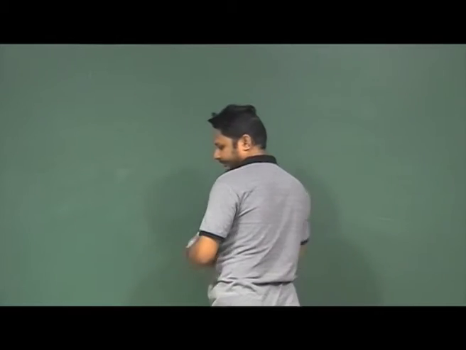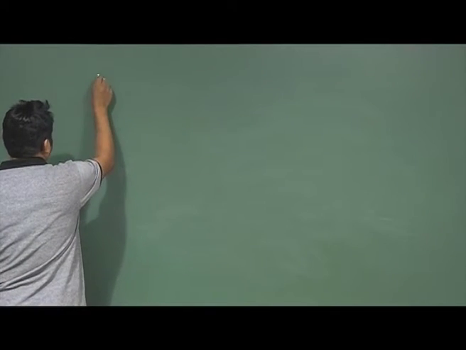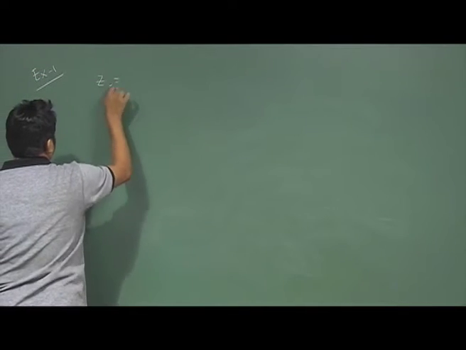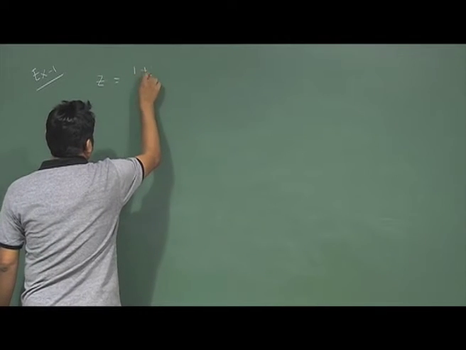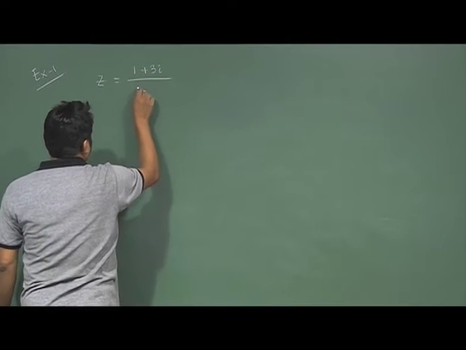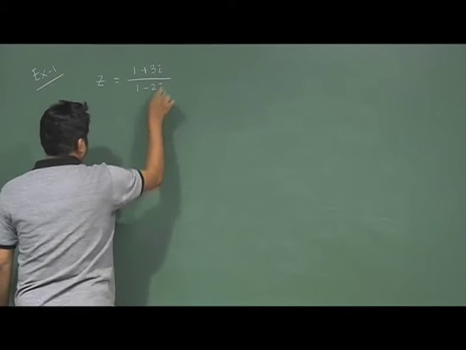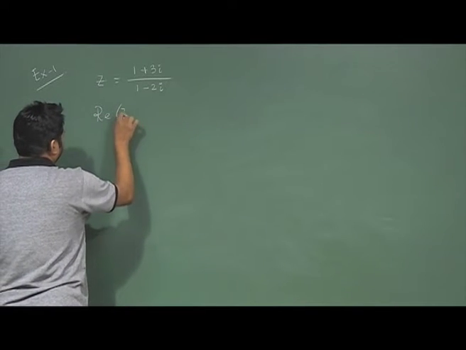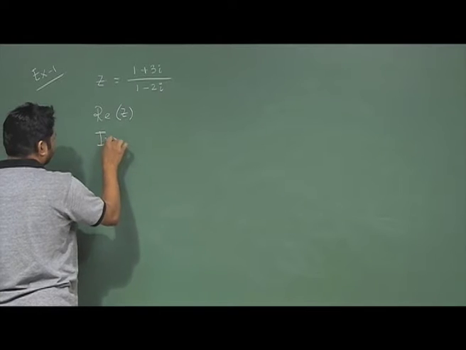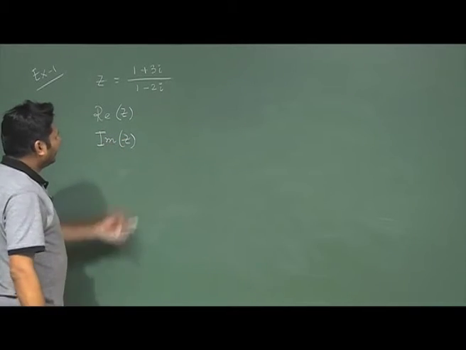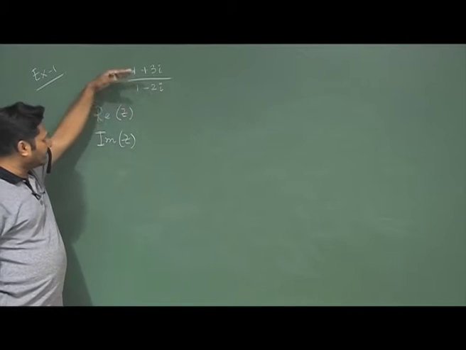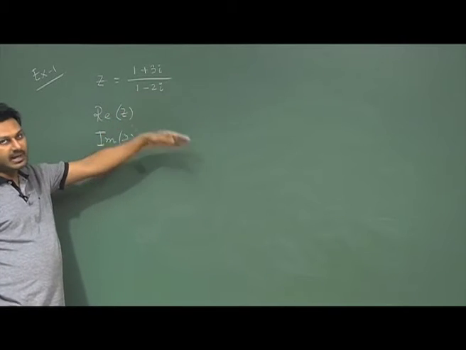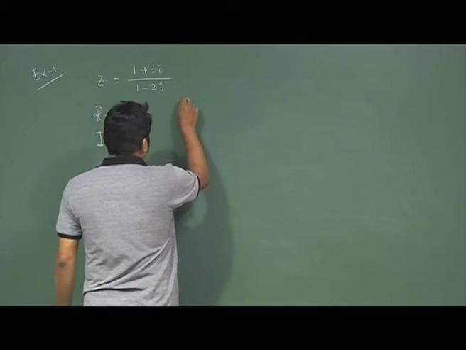So for example, say z is equal to 1 plus 3i divided by 1 minus 2i, and you are asked to find the real part of z and the imaginary part of z. This is not quite trivial because I am making a division. So real and imaginary parts you need to figure out exactly the way I did just before.